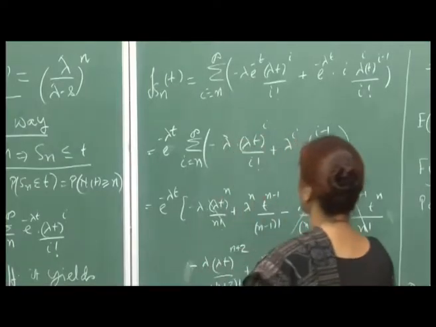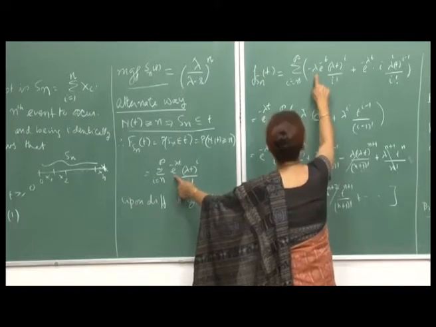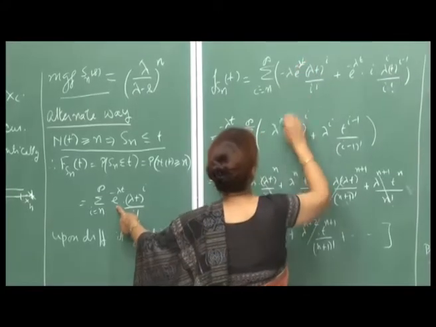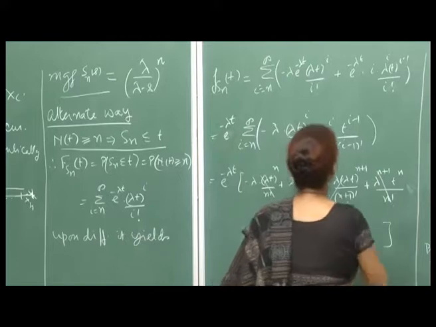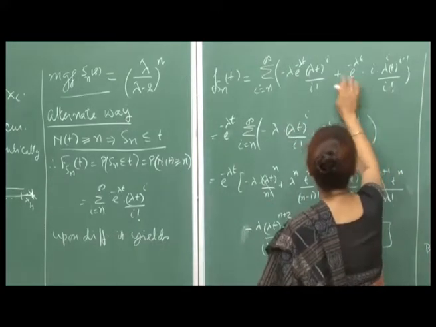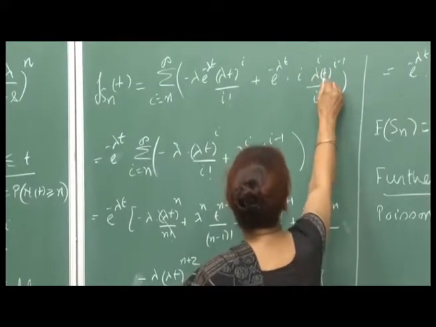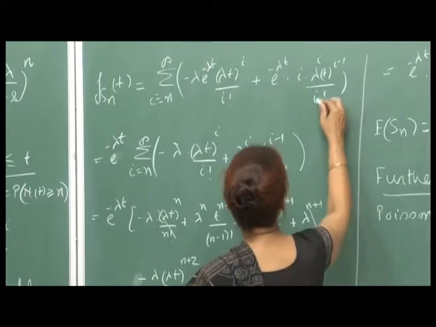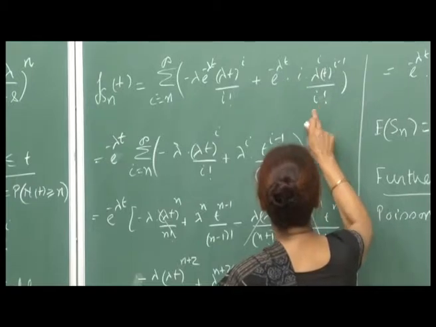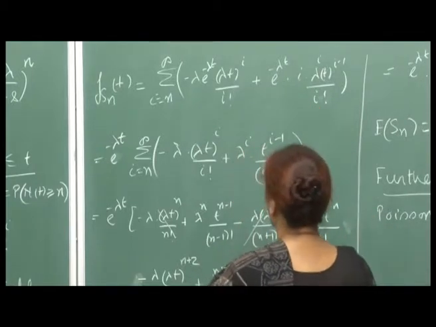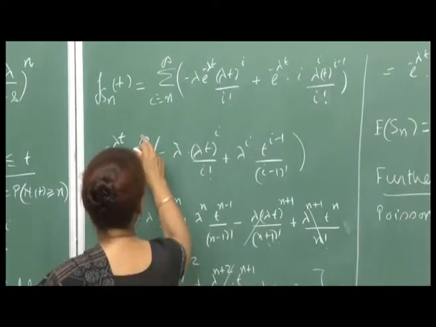So, the derivative of the first function gives minus lambda e raised to minus lambda t, lambda t raised to i upon i factorial, and then the derivative of the other part: the first function as it is, e raised to minus lambda t into lambda raised to i remains as it is, the power of t becomes i minus 1 and then i factorial here, right, which you can cancel the i part, then it will be i minus 1 factorial. And e raised to minus lambda t I have taken outside, then this summation from n to infinity.